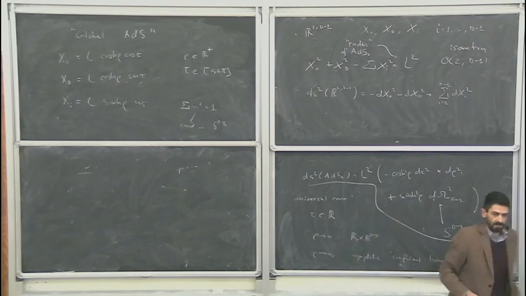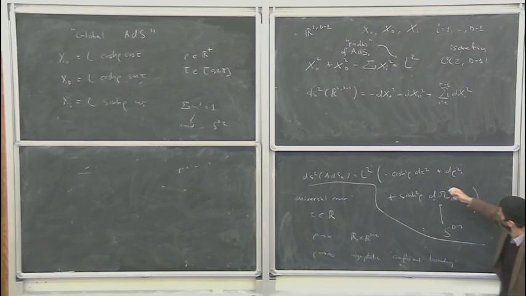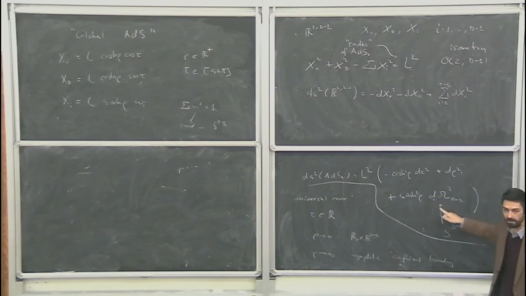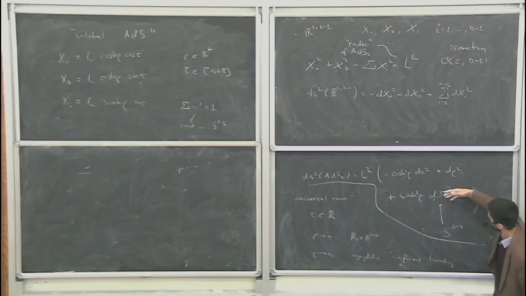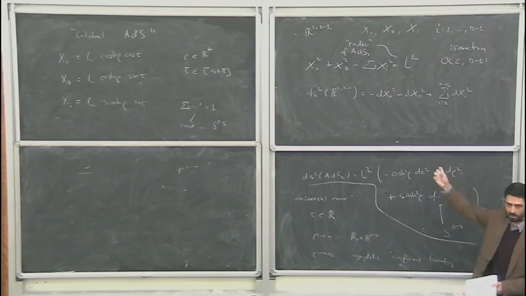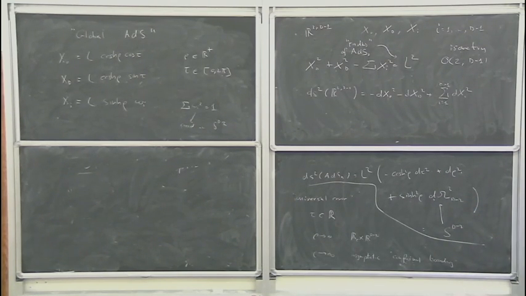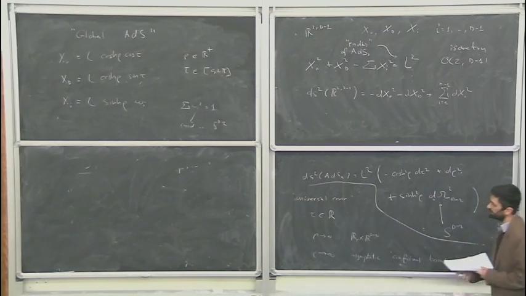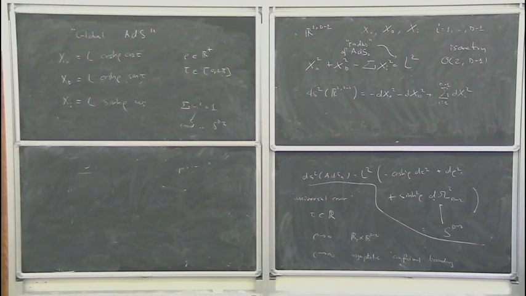So basically, you get a metric on the real line times a sphere. But this metric is multiplied by a growing factor. It's called the warp factor, which grows exponentially. And this is what's called, in some more technical language, a conformal boundary or conformal structure. And that plays an important role in the context of the AdS/CFT correspondence.